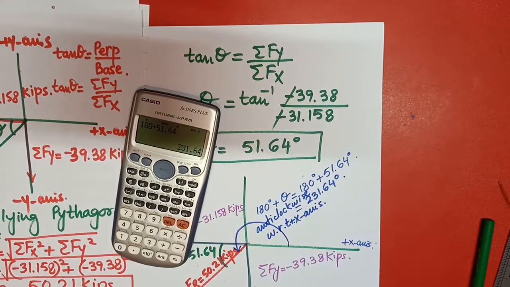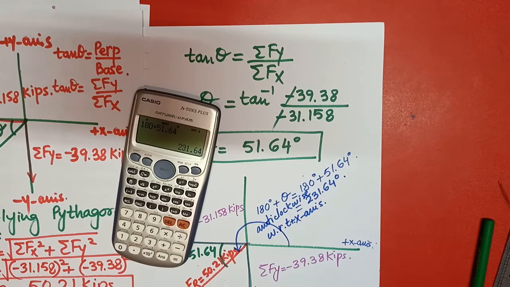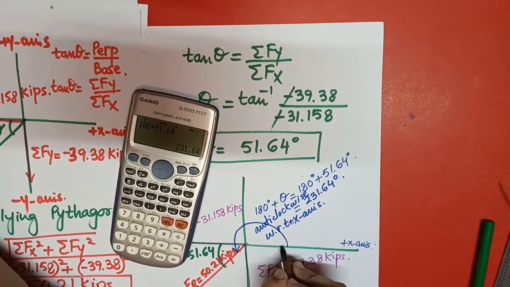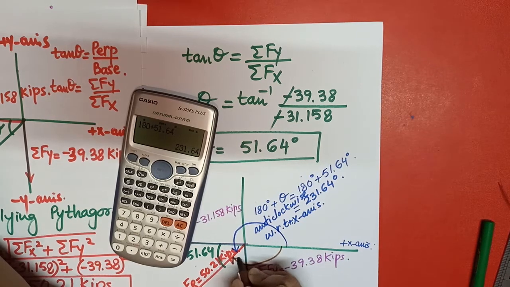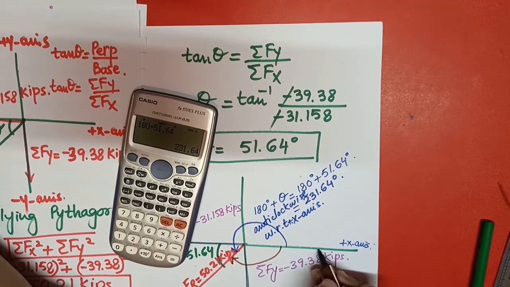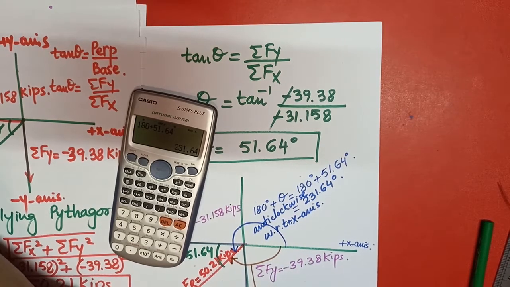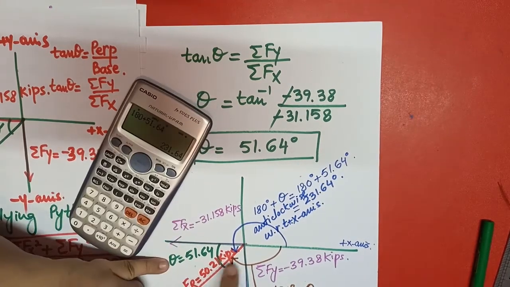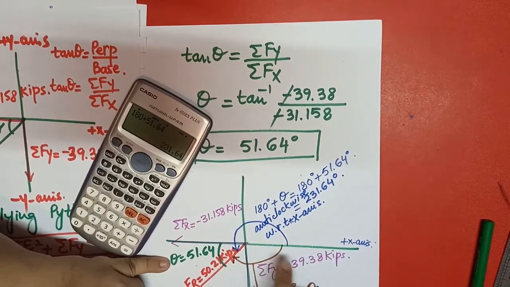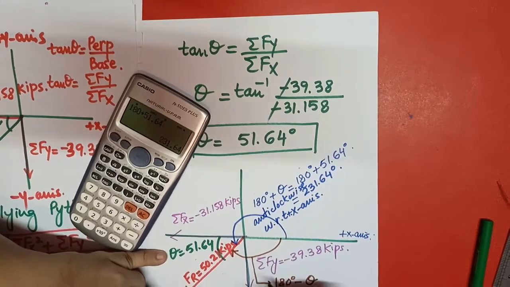So if I am going to find out, I am using the brown marker, and I have to calculate the clockwise angle from the positive x-axis. So it will be what? It will be 180 degrees minus theta. I have to subtract this theta from 180 degrees because the angle of the two quadrants is equal to 180 degrees.